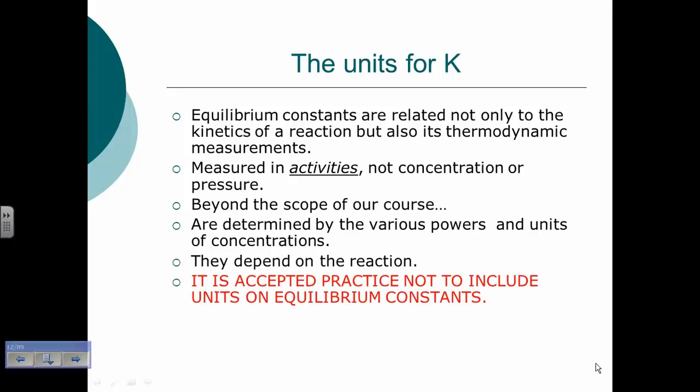Technically, these do have thermodynamic measurements, measured in activities, not necessarily M, concentration units, or atmospheres of pressure. It's beyond the scope of this course, and beyond the scope of any master's level course I've ever had. It's just common practice to say there are no units on an equilibrium constant.